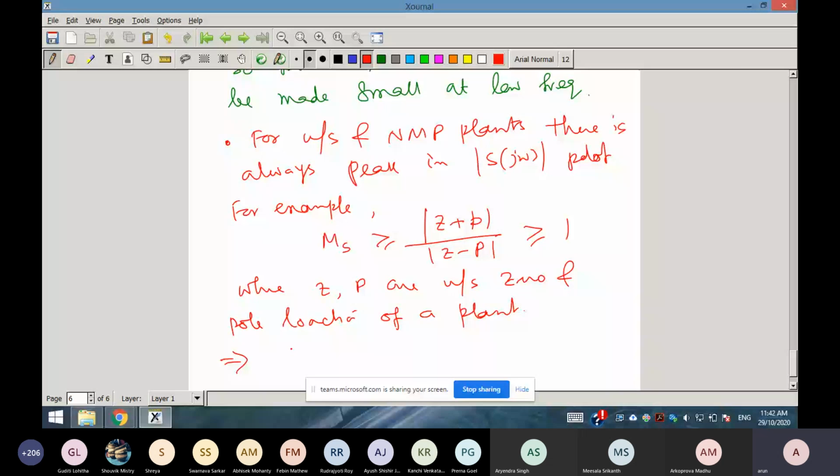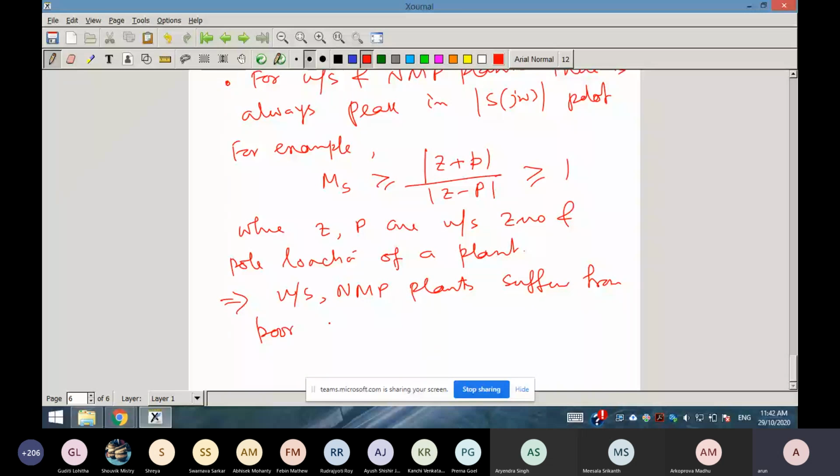So this implies an unstable NMP plant suffers from poor robustness. This means it is difficult to control. So unstable non-minimum phase plants are difficult to control for this reason.